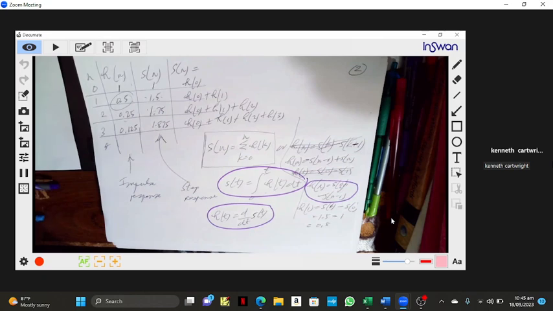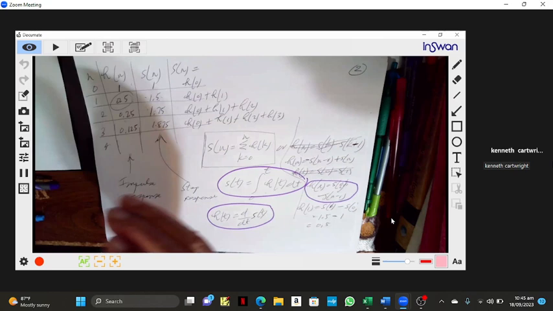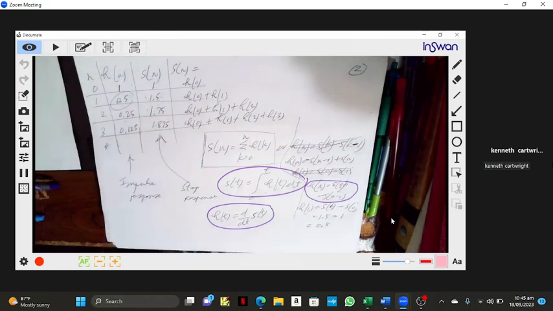And I also demonstrated that the step response is the sum of the impulse response, or the impulse response is the difference of the step response, the difference between the present value and the previous value. Any questions or comments?